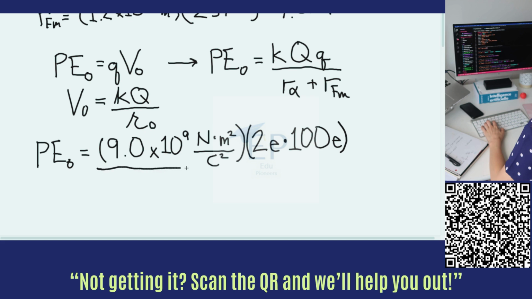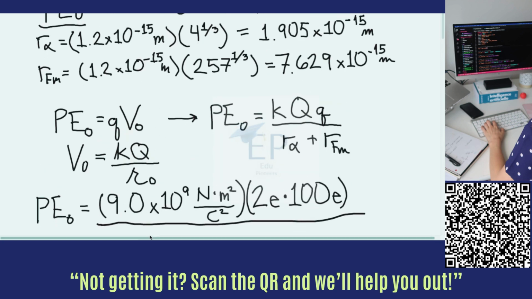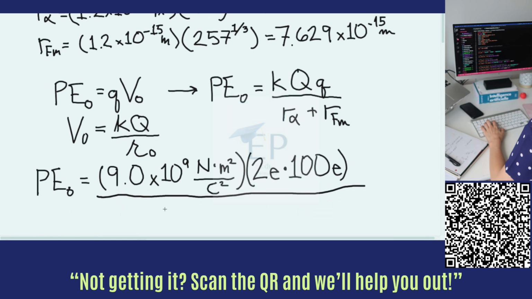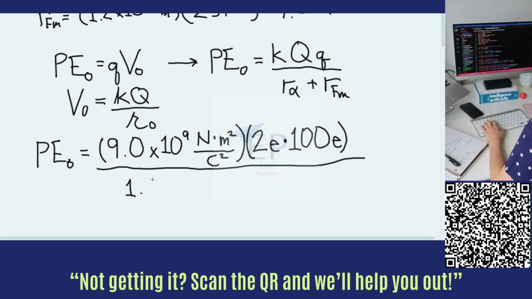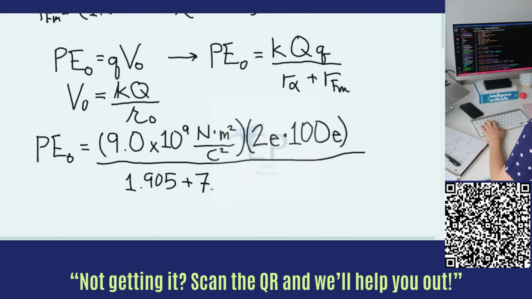That numerator is over the following denominator, which we can write as 1.905 plus 7.629, that quantity times 10 to the negative 15th meters.